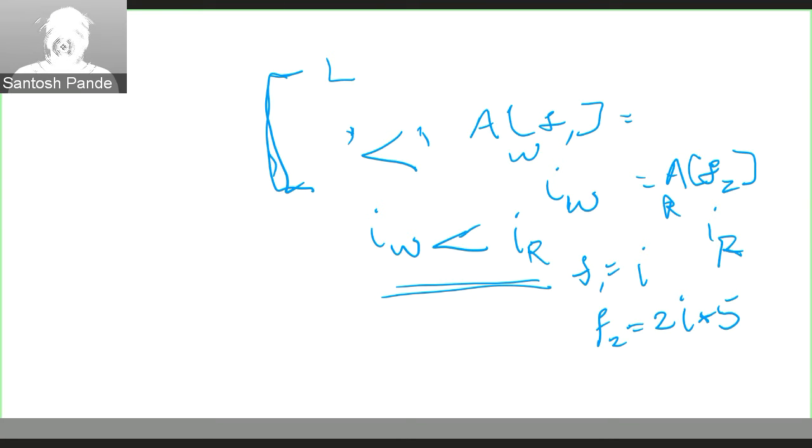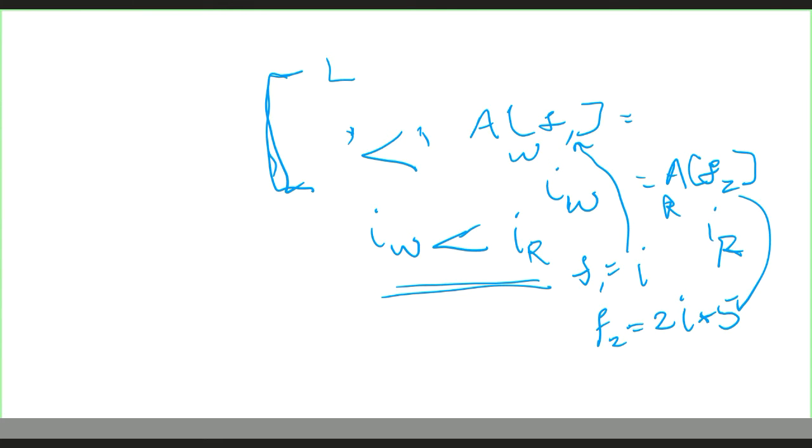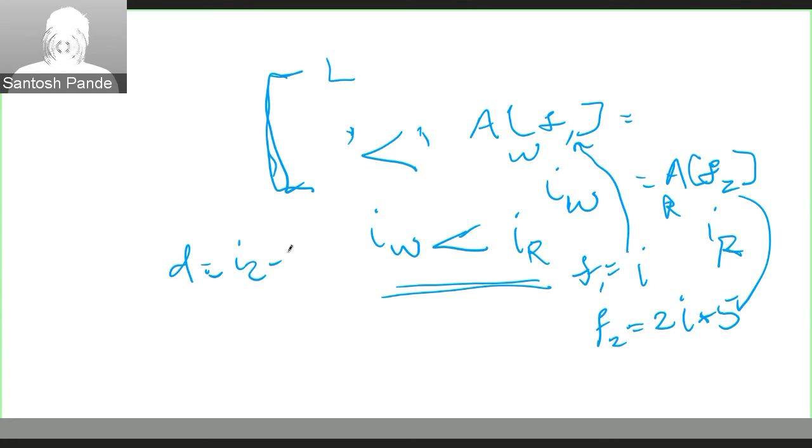So this is our f2 and that's our f1. What's the distance, the number of iterations that elapse between the producing iteration and the consuming iteration? So the distance here is equal to I2 minus I1. And if you do that, this is 2I2 minus I1 plus 5.